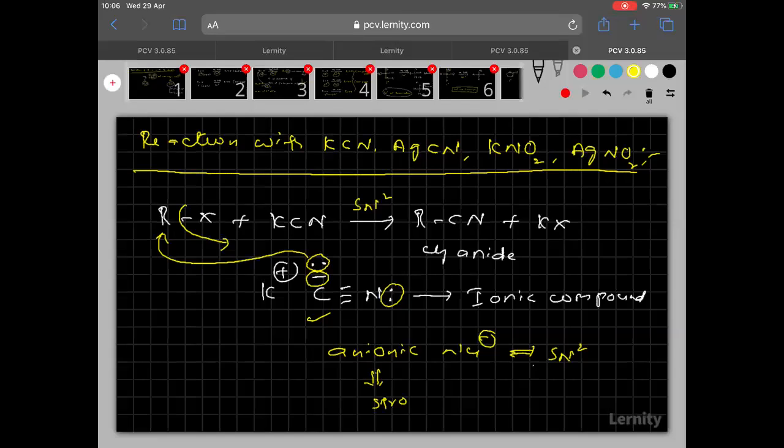Therefore, they favor SN2. So in case of SN2, the RX which we have taken should be maximum up to 2 degree only, because on 3 degree, SN2 never happens.